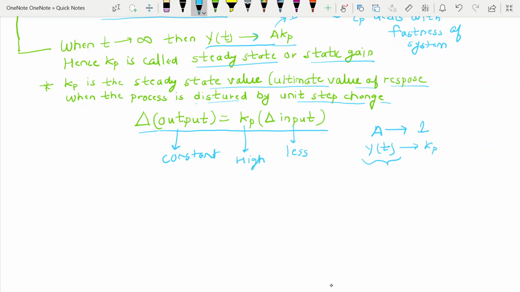And if delta input is high, then I can keep a small value of Kp.